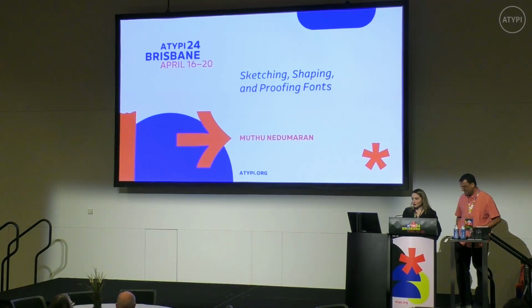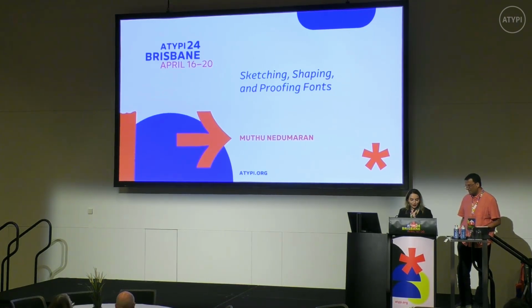And a lot of Indian fonts on the Apple platform are created by Muthu. His presentation, Sketching, Shaping, and Proofing Fonts, invites us to look at font making in three broad stages that he will explain right now.